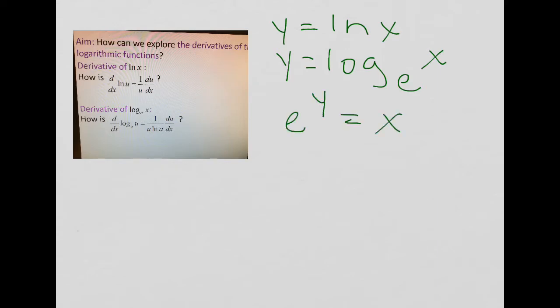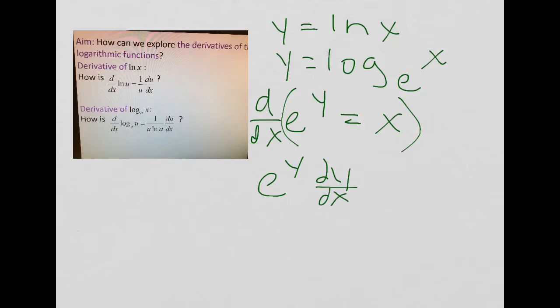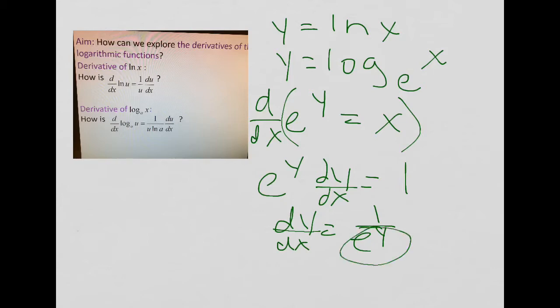And if we take the derivative of this equation with respect to x, we have e to the y dy over dx equals 1, and dy over dx is 1 over e to the y, which, since e to the y is x, is why dy over dx is 1 over x.